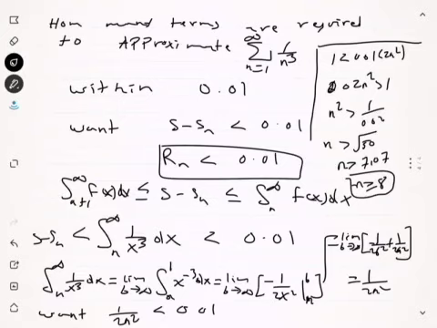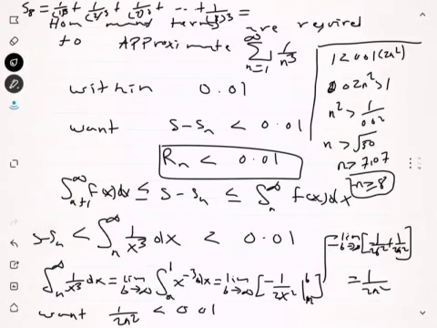So it takes approximately 8 terms in order to approximate this sum to within an error of 0.01. In other words, I'll put it right here as 8. It'll be 1 over 1 cubed plus 1 over 2 cubed plus 1 over 3 cubed plus blah blah blah plus 1 over 8 cubed.